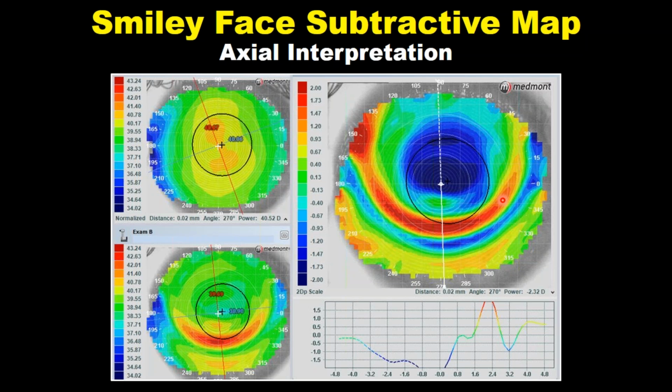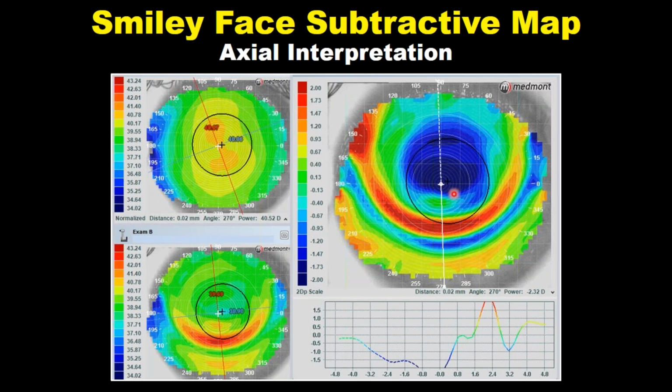Now, we always have paracentral steepening, but the difference is it decentered in relationship with the rest of the treatment area? And in this case, we can easily say that the treatment zone appears high and we've got the smile just kissing the inferior pupil margin.